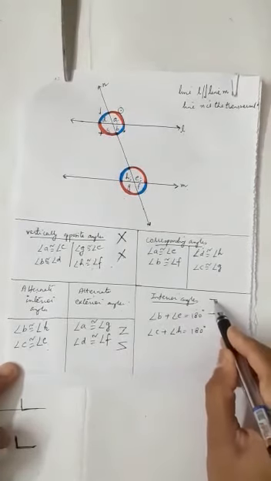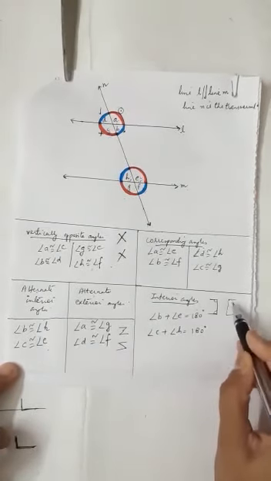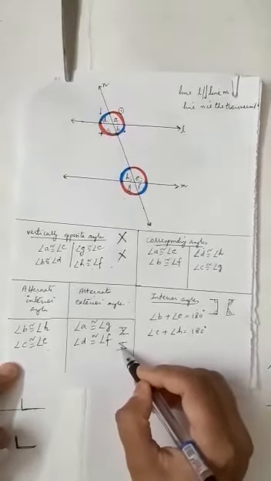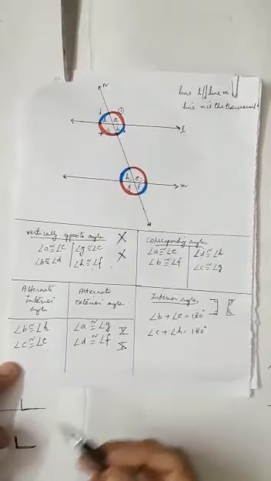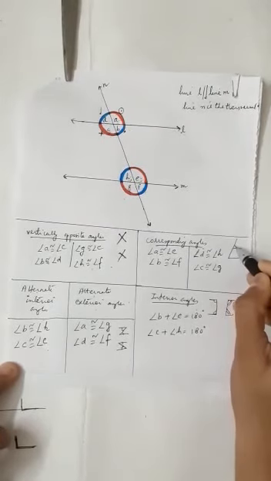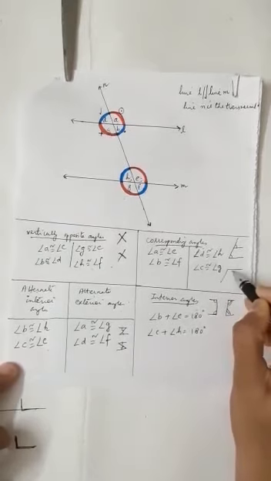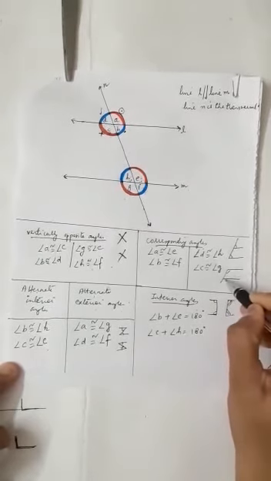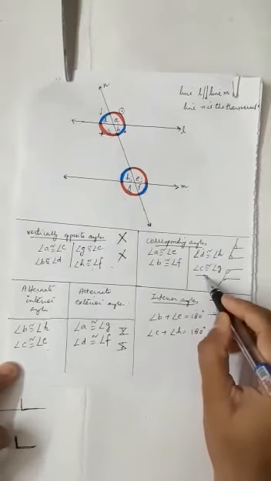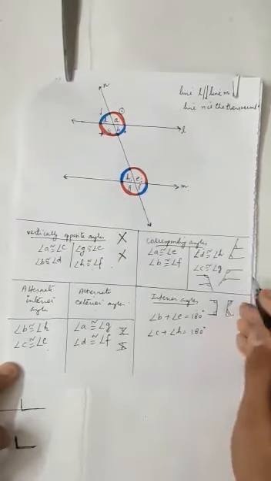And when we are looking for corresponding angles, we are looking for the ladder formation. So you can see, children, this way you can also remember the shapes.